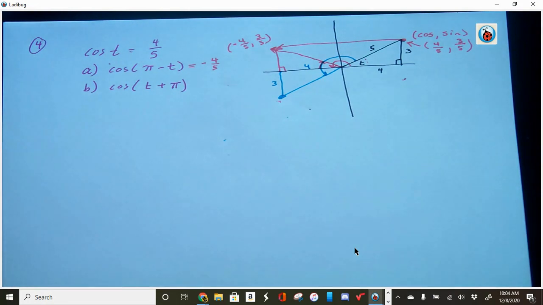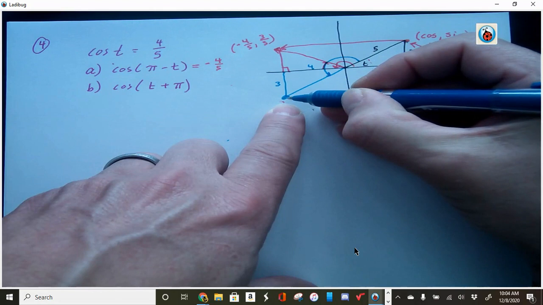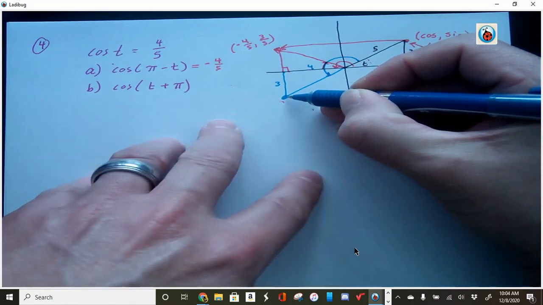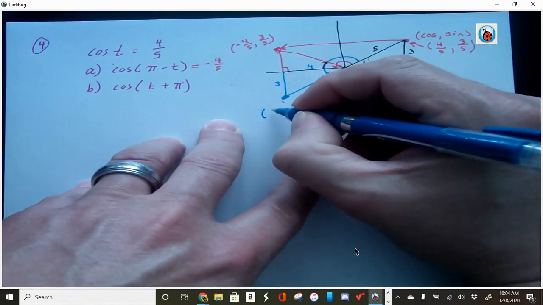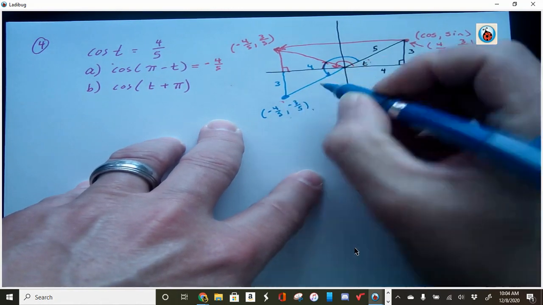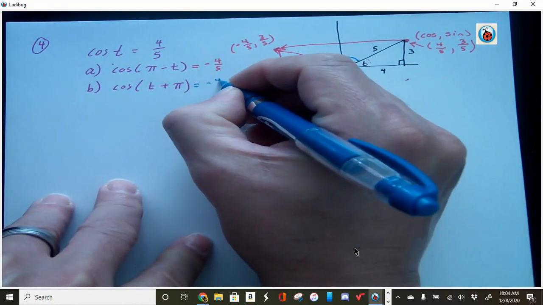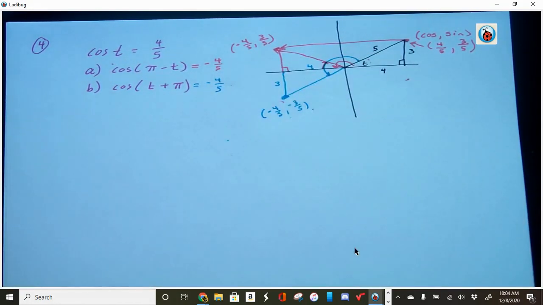Okay, so this point right here is a reflection along the x-axis of that point right there. So the ordered pair here is going to be negative 4/5 and negative 3/5. The cosine of this is the x value, so that's also going to be equal to negative 4/5.